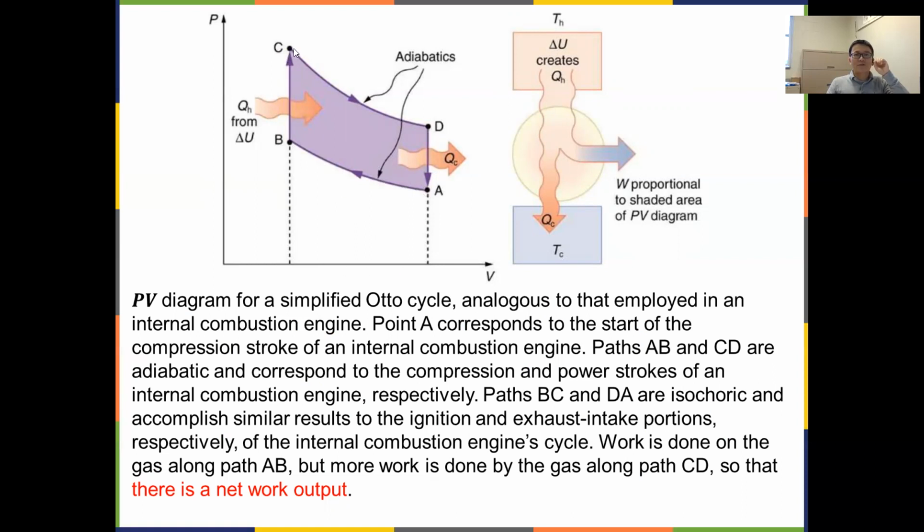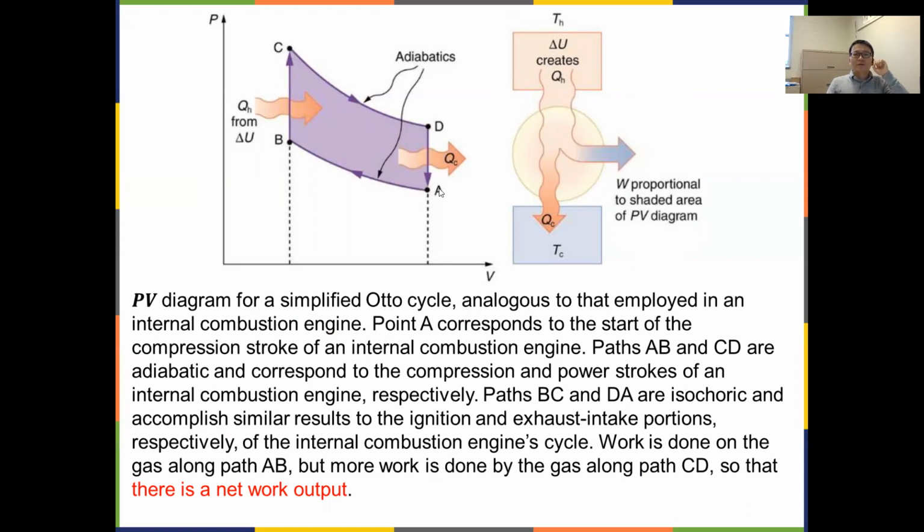As a result, for the whole cycle here, it goes from A to B to C to D and then back to A. So negative work, no work, positive work, zero work again. So the net work output will be the area of this cyclic process, and you can calculate that for the work done by the engine.